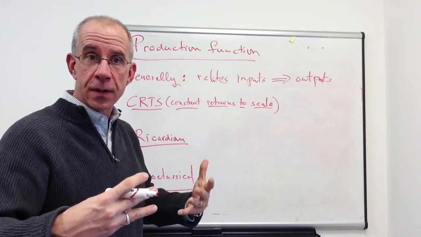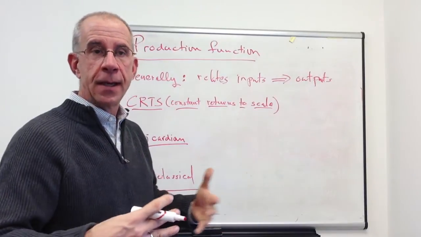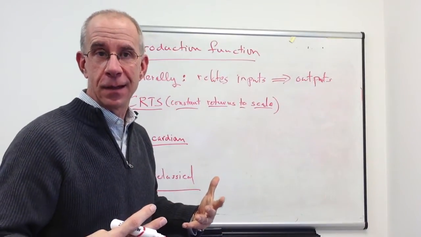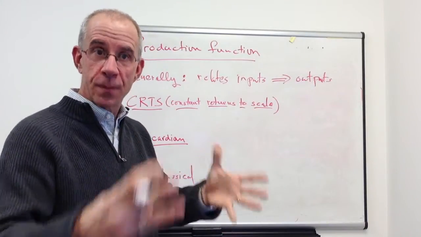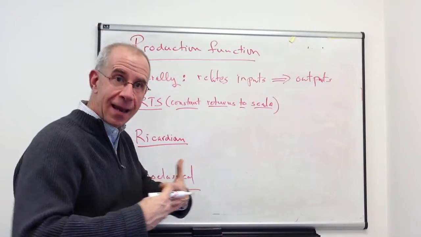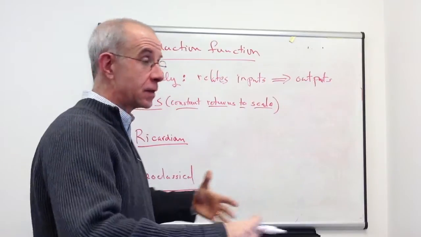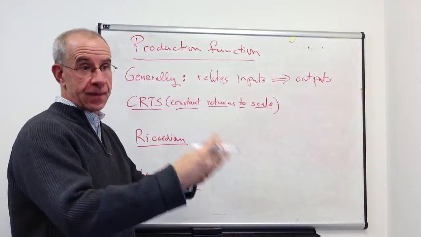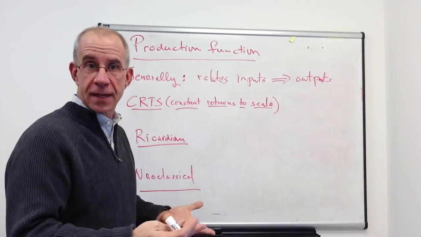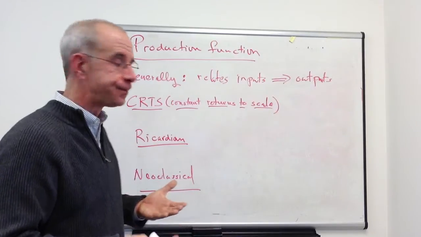So if I double all the inputs, I double the output. If I triple all inputs, I triple the output. So as the scale increases, the output scales up by that same amount.